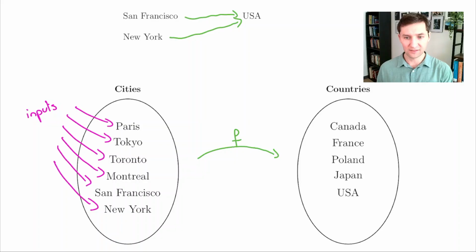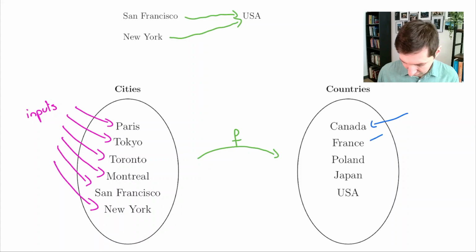The elements of the second set that get hit by the function, or that get produced by the function, in our case, Canada, France, Japan, and the US, are called the outputs of the function.